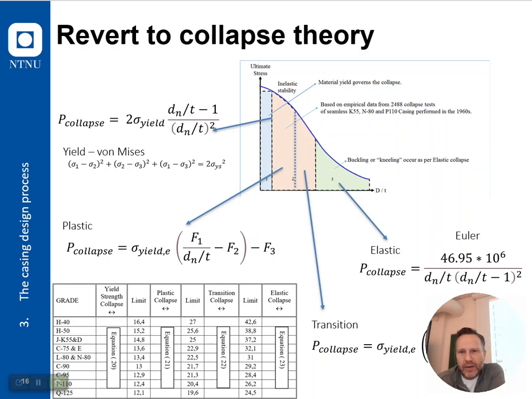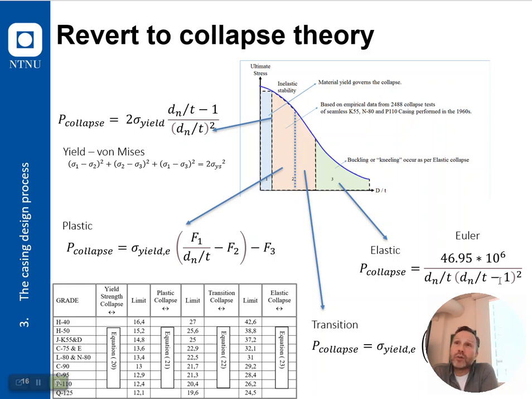For elastic collapse, the formula is a fixed constant, the D over T ratio multiplied with D over T minus 1 squared. Sorry, I am not saying the right thing right now.